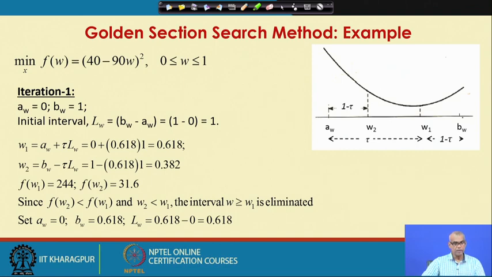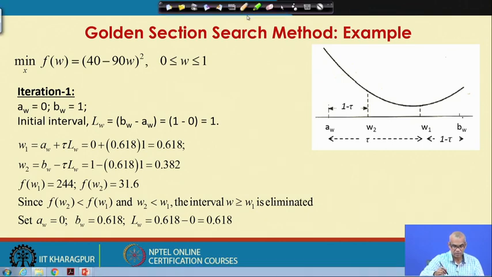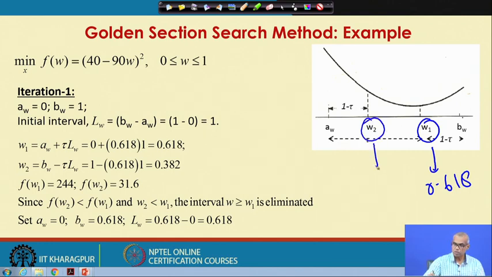So, w1 we get as a_w plus tau into L_w, which is 0.618, and then w2 we get as b_w minus tau L_w, which is 0.382.